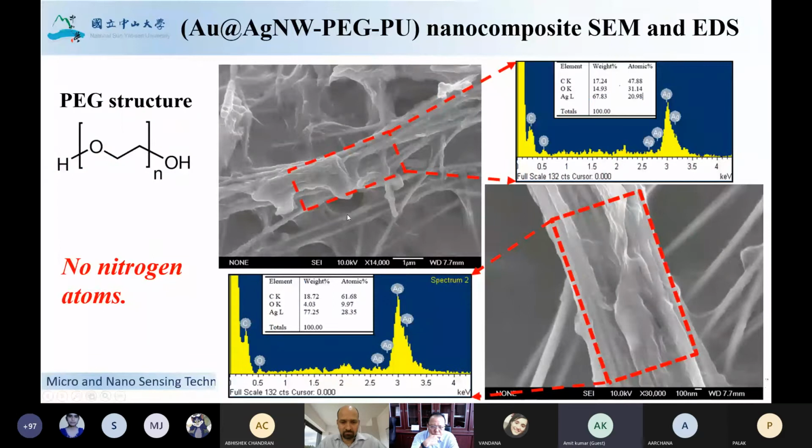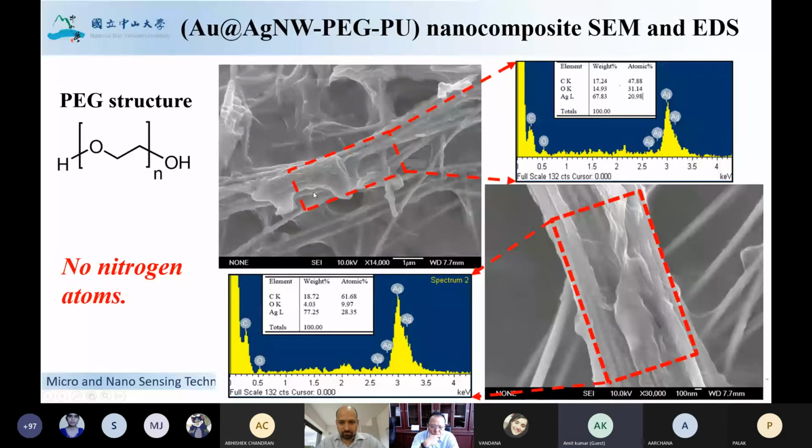After that, I do the characterization of SEM and EDS together, and I do the EDS at a specific silver nanowire region, and I found that at the specific region only PEG connects with silver nanowires and no nitrogen is connected. So this will help me in explaining the mechanism of the temperature sensing.